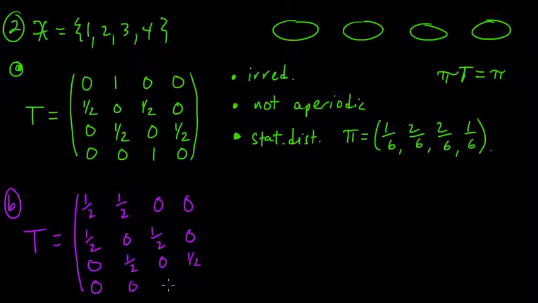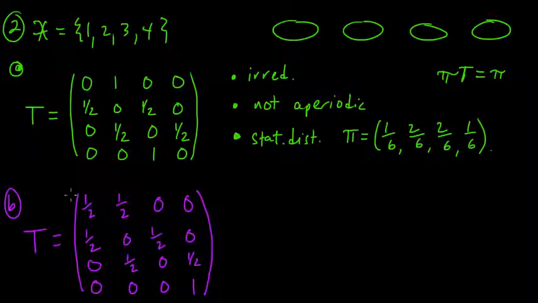And then when you're in state 4, you have to stay in state 4. So when you're in state 1, you can either stay with probability 1/2 or go to 2 with 1/2. You're symmetric again, just like before on 2 and 3. And then in state 4, you have to stay in state 4.